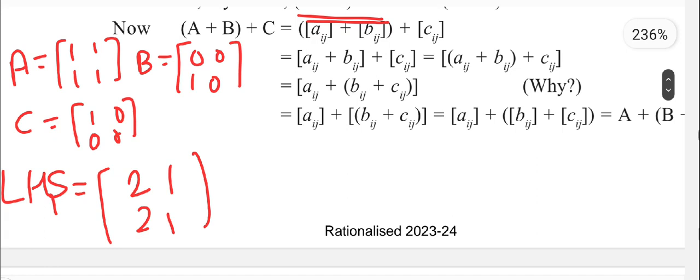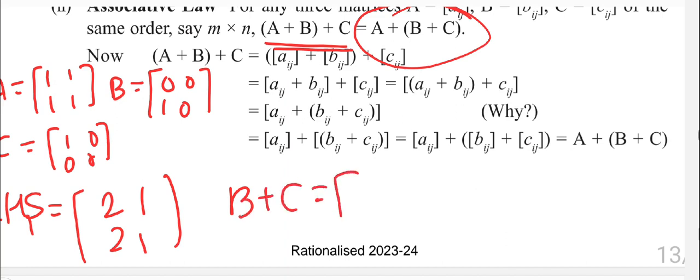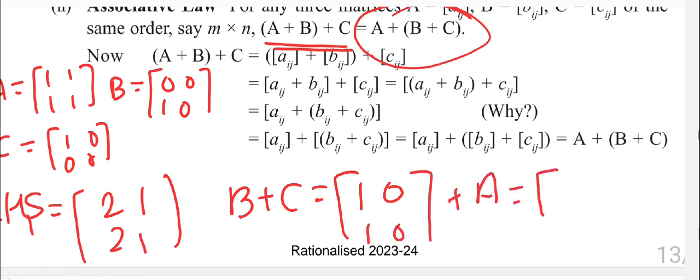Now let's see what the RHS will be if I do it this way. First adding B plus C. B plus C, what do I get? 1 0 1 0. Then if I add A to it, what do I get? Let me calculate. This one is added with this one, so I get 2.